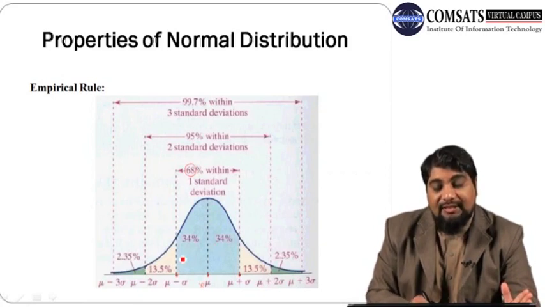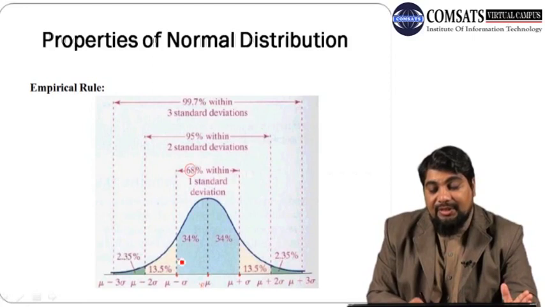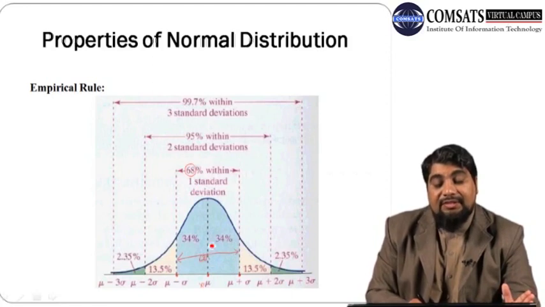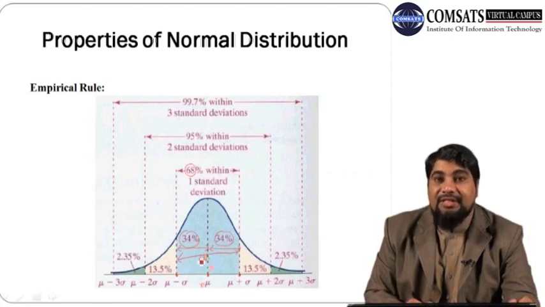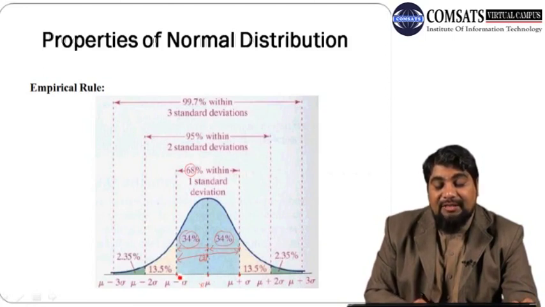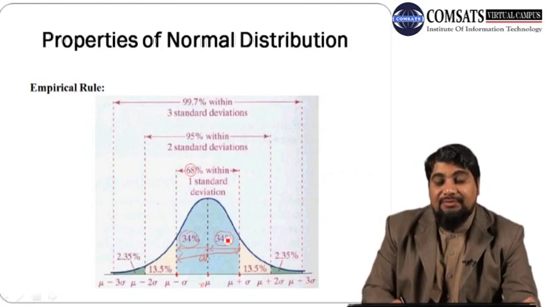So if this total area is 68%, and this is the middle line, it means area from mu minus sigma to mu is 34%, and area from mu to mu plus sigma is the remaining 34%. So 34 plus 34, we get a total of 68%. So from this rule we can write that mu minus sigma to mu is 34%, and mu to mu plus sigma is also equal to 34%.